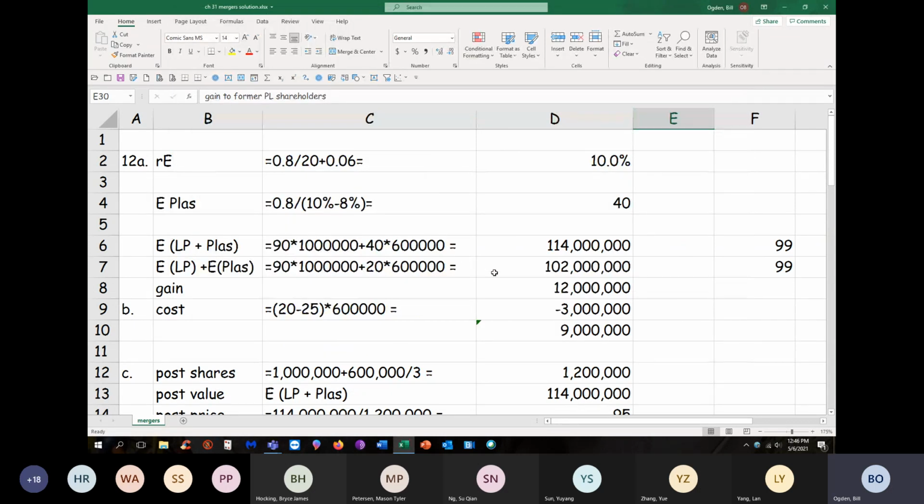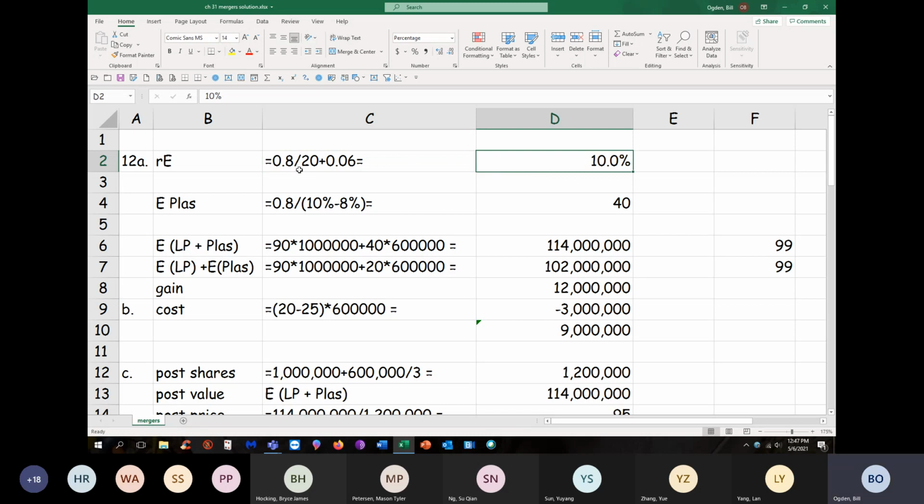All right, let's go through problems 12 and 13 from chapter 31. So our first step here is to find the cost of capital for the PL shareholders. And if you don't mind, I'll call the acquiring company LP and I'll call the target PL.